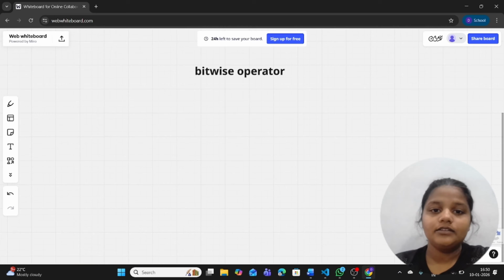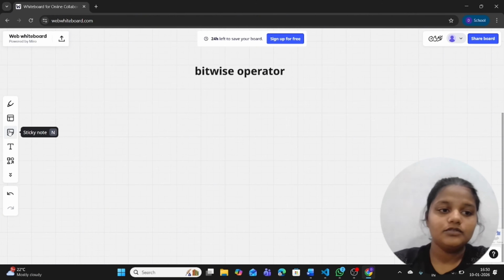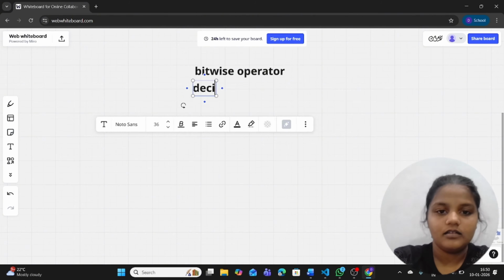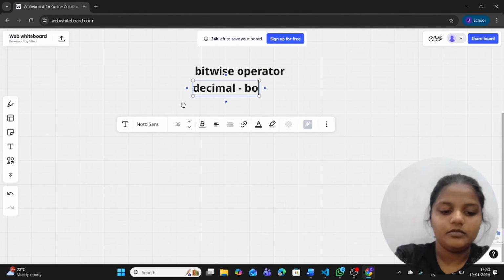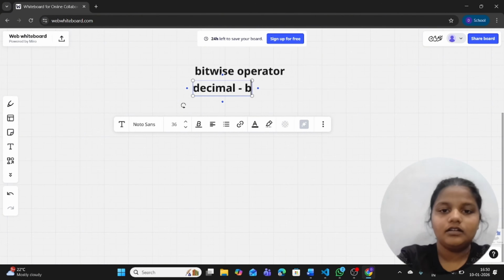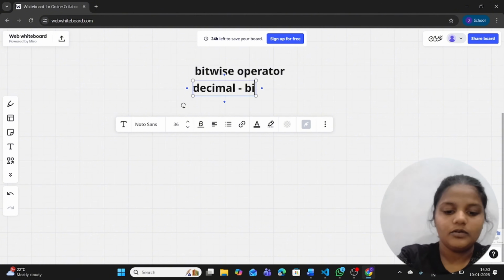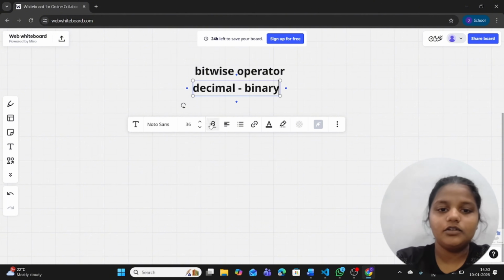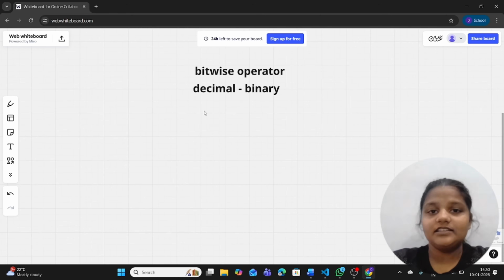We are using arithmetic operators on numbers and we are going to use binary bits for our bitwise operator, right? So for understanding the bitwise operator, the first important thing is we should know the conversion of decimal to binary values. Decimal means the whole numbers, that is 2 3 4 5 6.